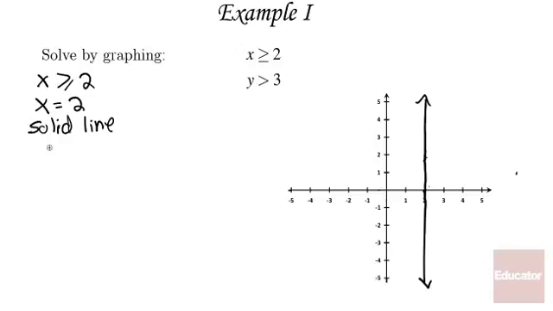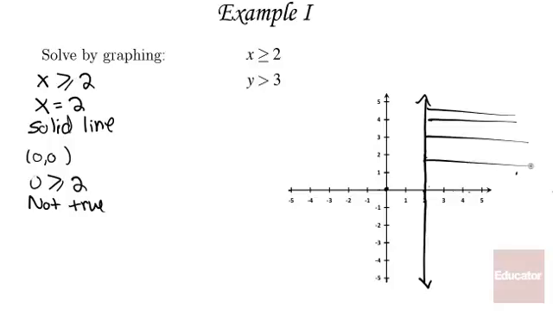You could certainly do a test point at 0, 0. 0 is greater than or equal to 2. Not true. So this is not part of the solution set. Or, like I said, you could just look back here and say, it's telling me that the values of x are greater than or equal to 2. So this half plane contains the solution set.